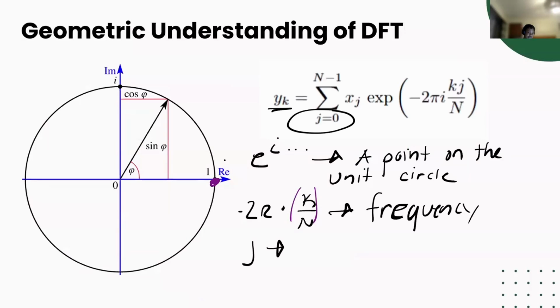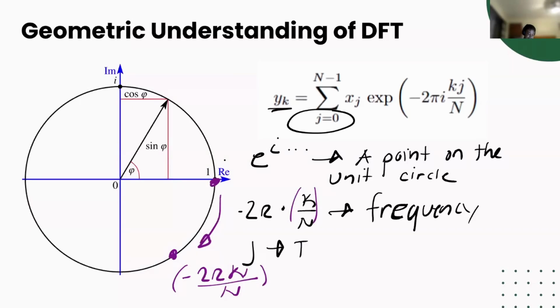And then from j equals 0 to j equals 1, we move exactly negative 2 pi k over n radians across this unit circle. So j is basically just our time step. It keeps track of where we are for each value.